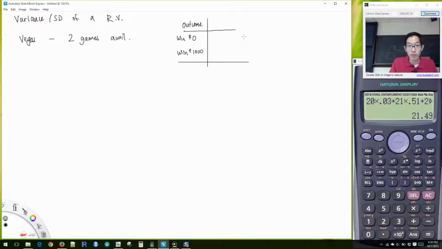Okay, so winning $1,000 will happen with probability 0.00095, which means the probability of the opposite happening would be 0.99905.